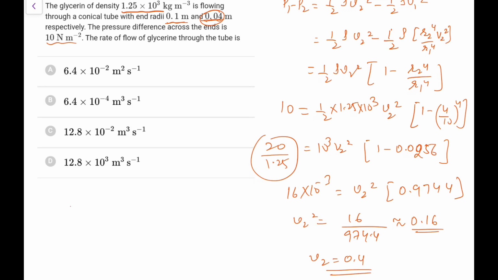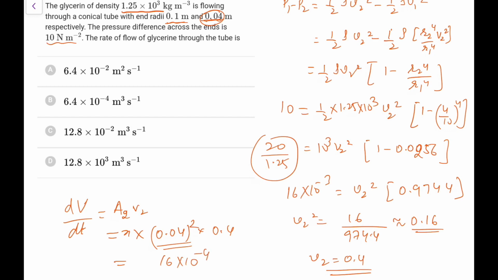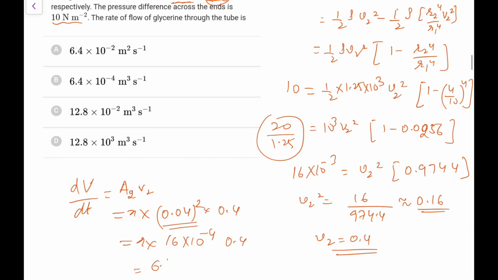So the volumetric flow rate dV by dt is AV, that is A2 V2. If I write pi into R square, that is 0.04 whole square into V2, V2 comes out as 0.4. So I can write it as 16 into 10 raised to power minus 4 pi into 0.4. So 16 4s are 64, 6.4 into pi, 3.14 into 10 raised to power minus 4, that we can write.